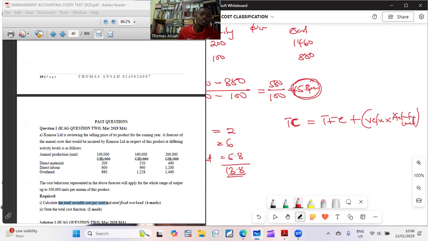And you can use any of the activity levels, the highest level or the lowest level. It's still the same, so there is no need for you to worry. What you get here is your cost equation.